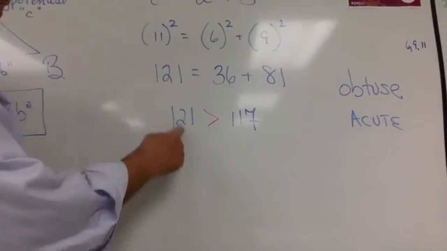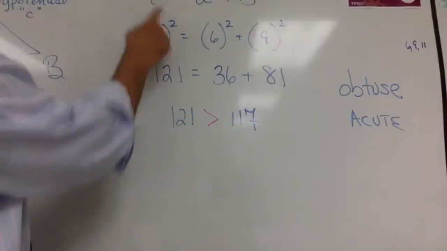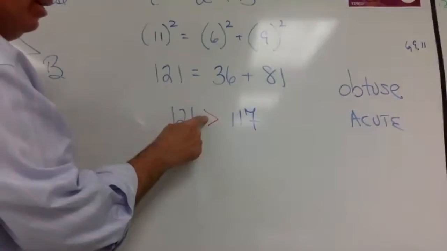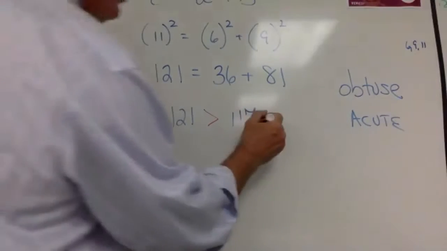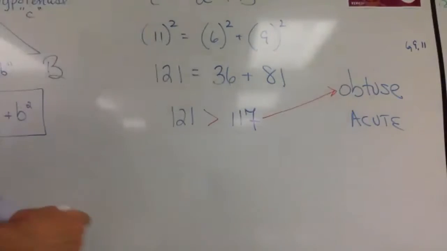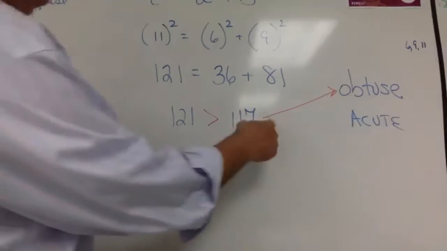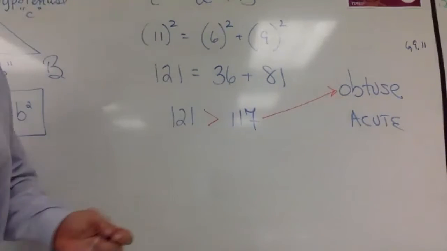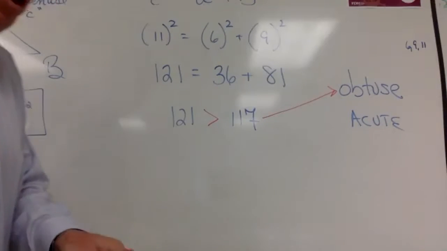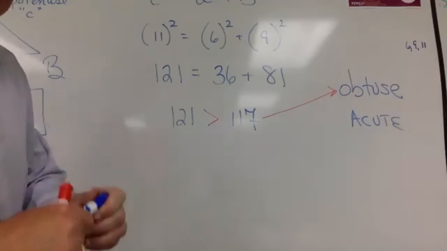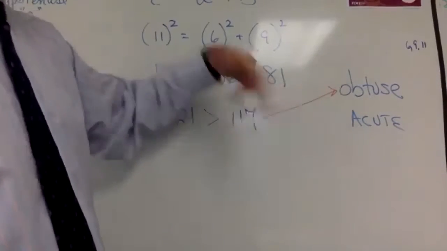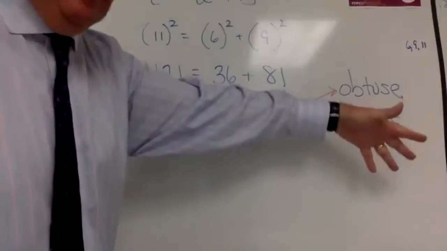If the hypotenuse squared is greater, then it's obtuse. If the hypotenuse squared is less than, then it's acute. Now, the way I remember that, and hopefully you can remember it this way: what does obtuse mean? Greater than 90, right?